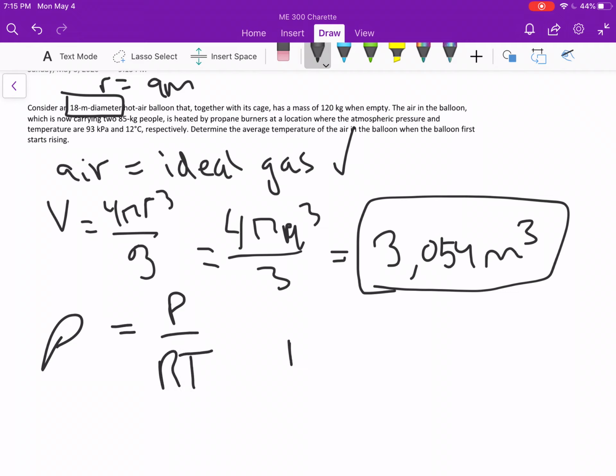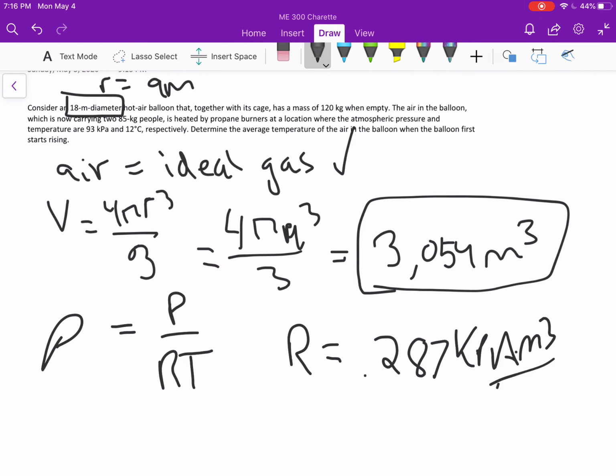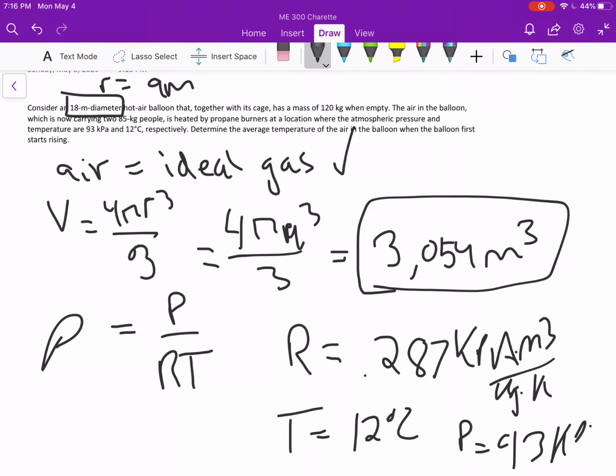Now, we know from our tables that R is going to equal 0.287 kilopascals times cubic meters per kilogram Kelvin. And we know T is going to equal 12 degrees Celsius, and P equals 93 kPa.